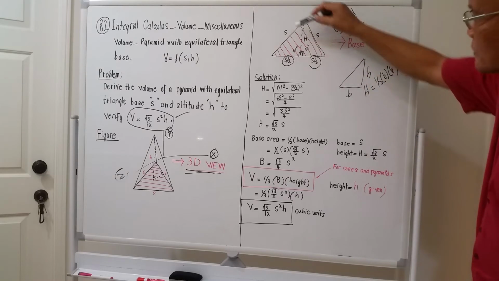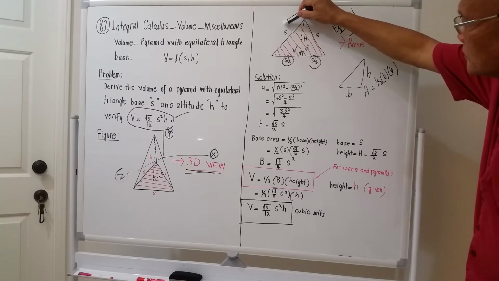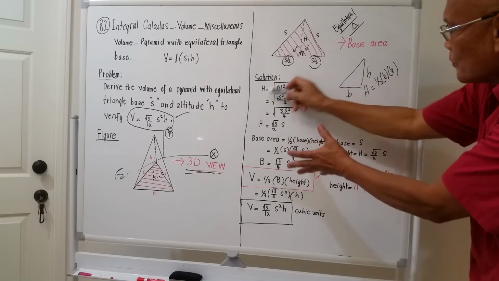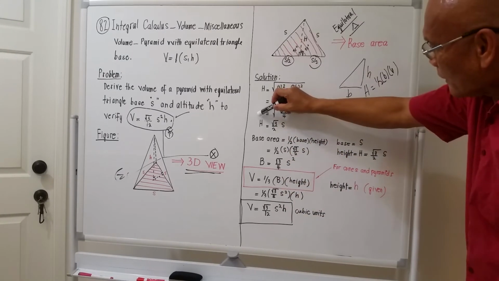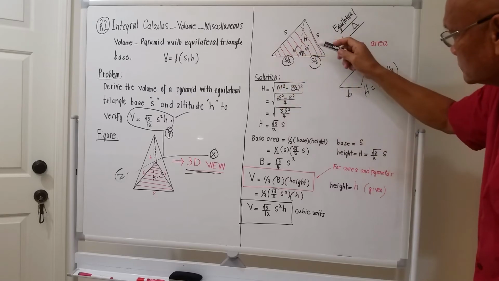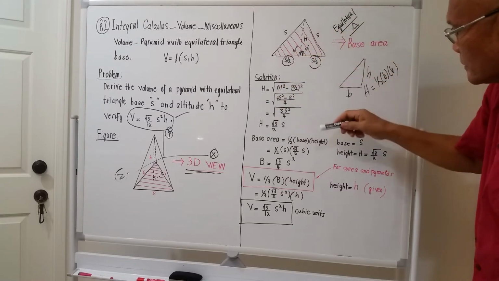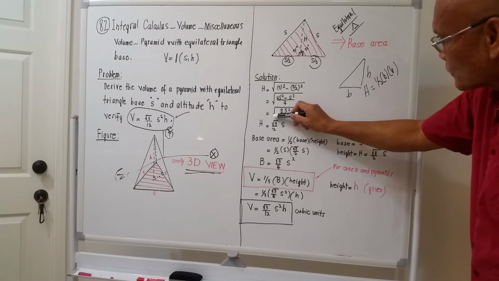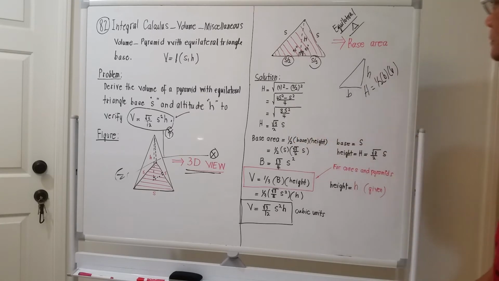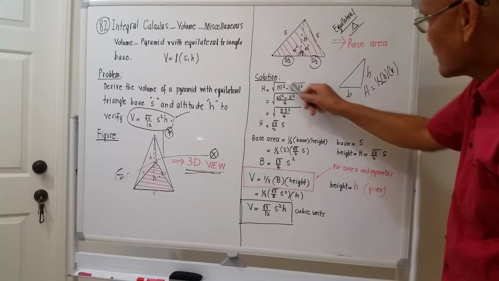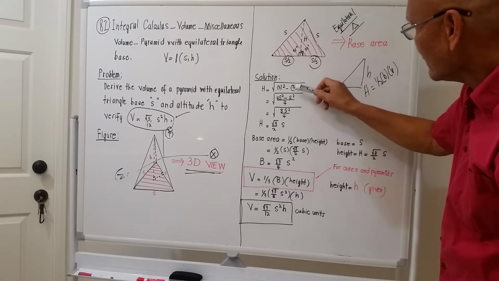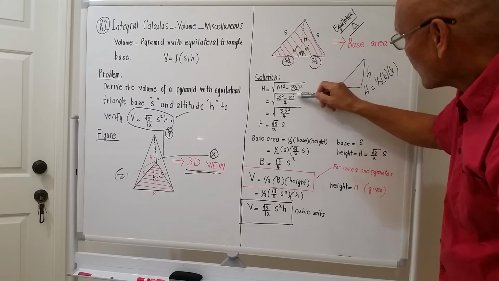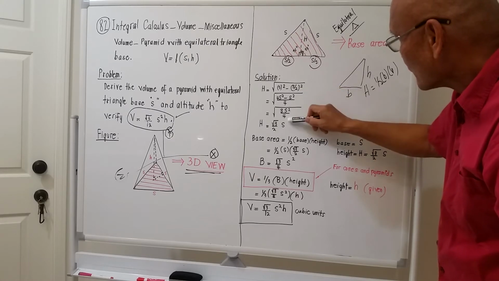So h will be the square root of this minus the square of this. If we try to simplify this one, h, the altitude of the base area, the base area, it's not the altitude of the pyramid, will be square root of 3 over 2 times S. Because if we try to simplify this, it will be 4S square minus S square over 4, or 3S square over 4.